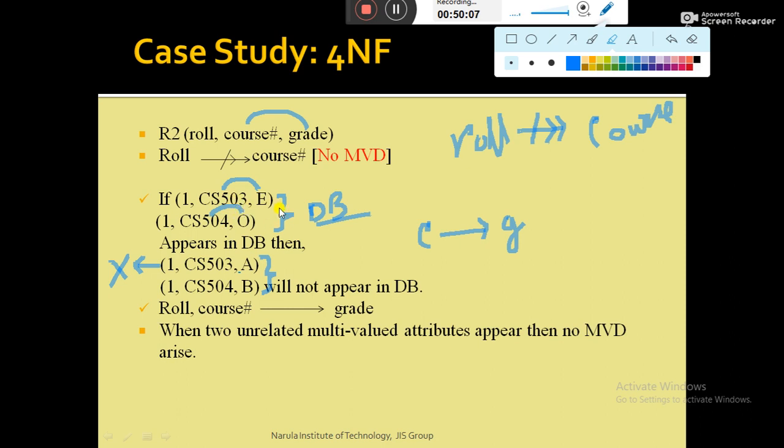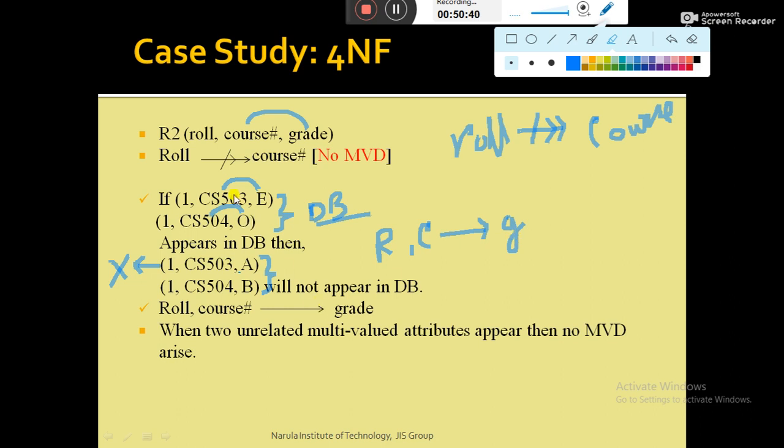So these two rows should be in the database, but the other row should not appear. So we can say that roll, course determines grade, or grade is functionally dependent on roll, course. Here I have to write roll also. Roll number 1 enrolled in CS503 definitely has a unique grade E. It can't have more than one grade for a particular subject.